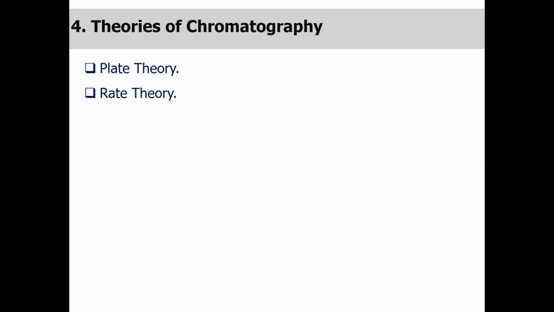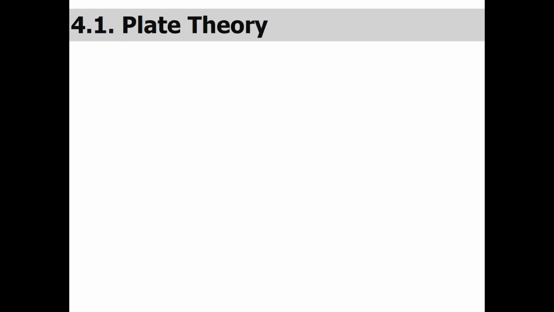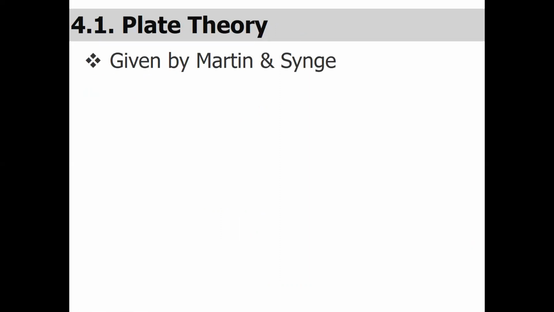Now, the next topic is theories of chromatography. We will discuss the plate theory and the rate theory. First, the plate theory was given by two scientists named Martin and Synge.